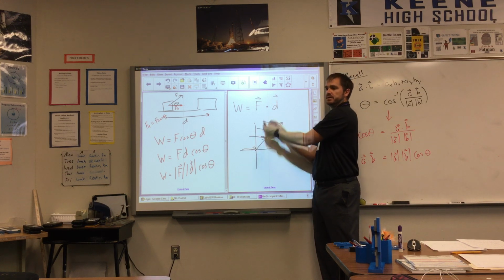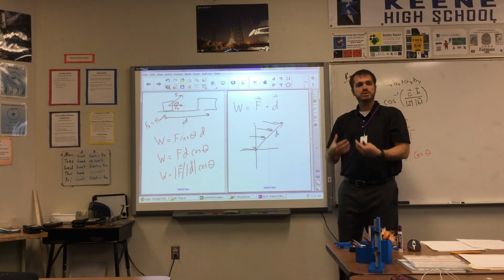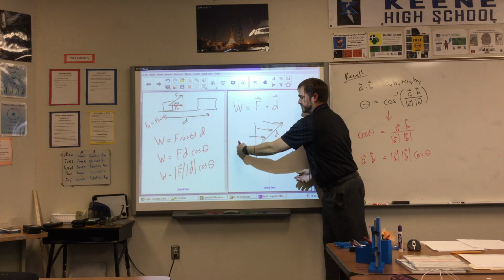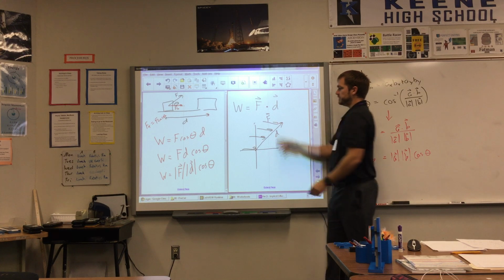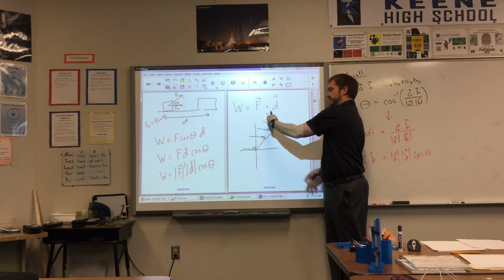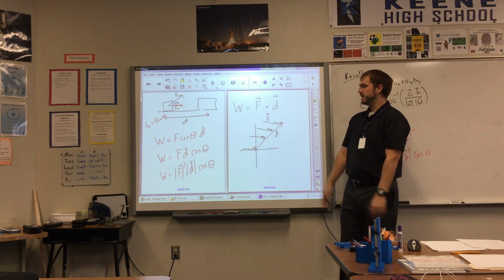So my force vector looks like this. We can calculate how much work I'm doing on this object to move it up by taking the dot product of my force vector and that displacement vector. So some kind of interesting stuff.